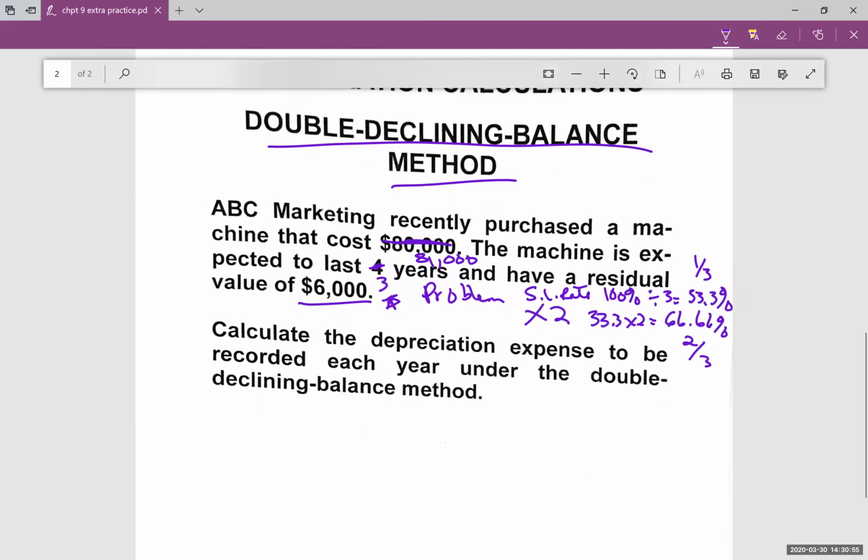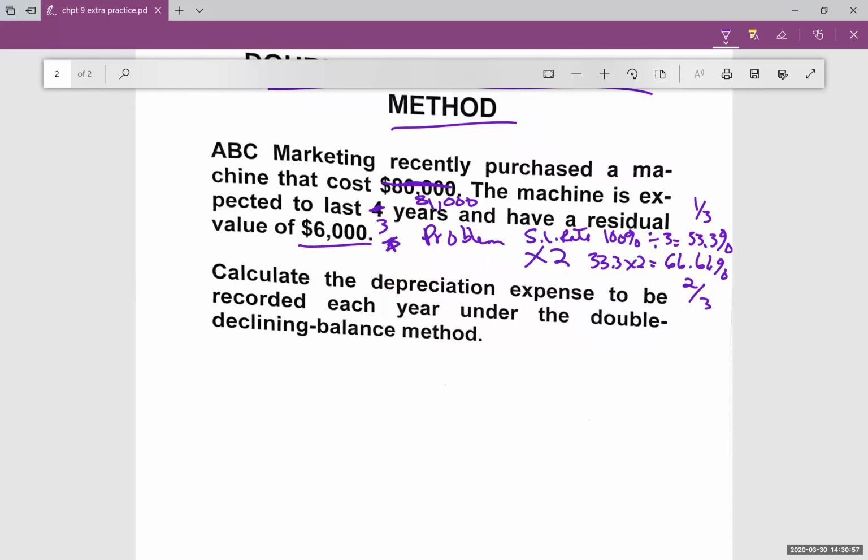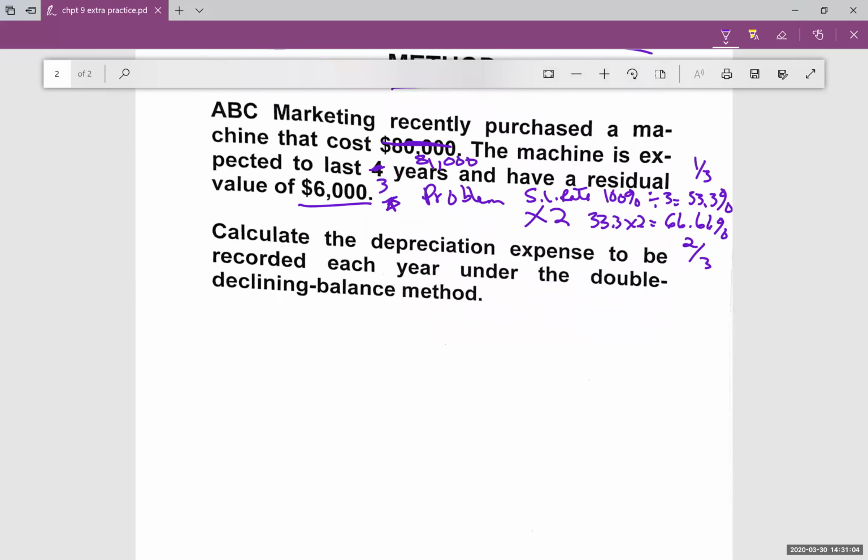I'm going to show you how to use the fraction. It makes it easier without any weird, where you'd have to round a decimal. So let's draw a bit of a chart down here.